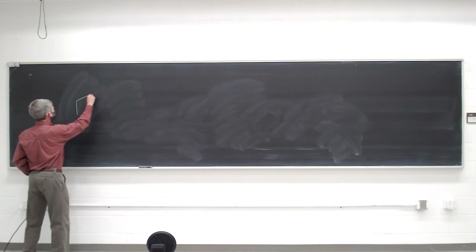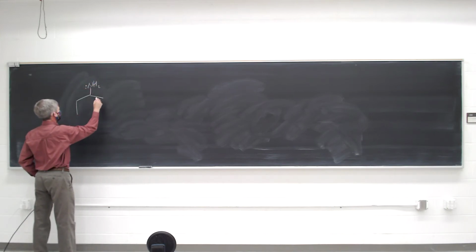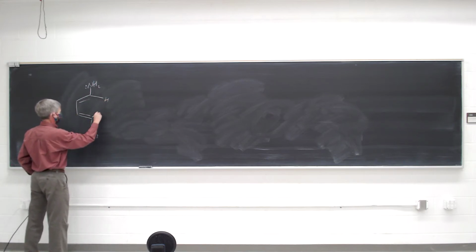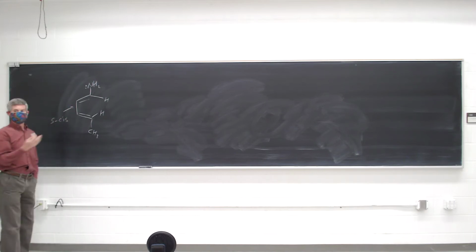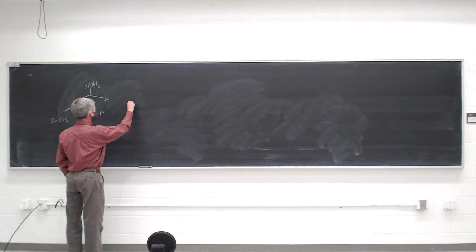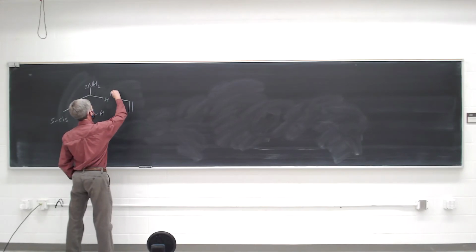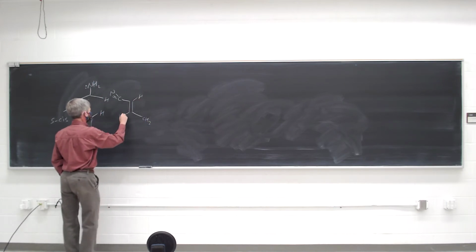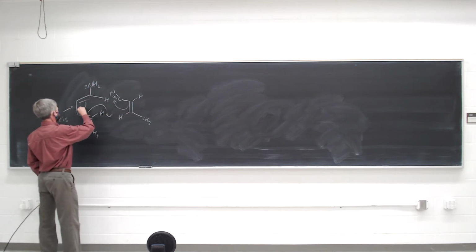So the first one has an NH2 group, and then we had a cyanide group and a methyl group that were trans. So we can write the mechanism if we want with the transition state.